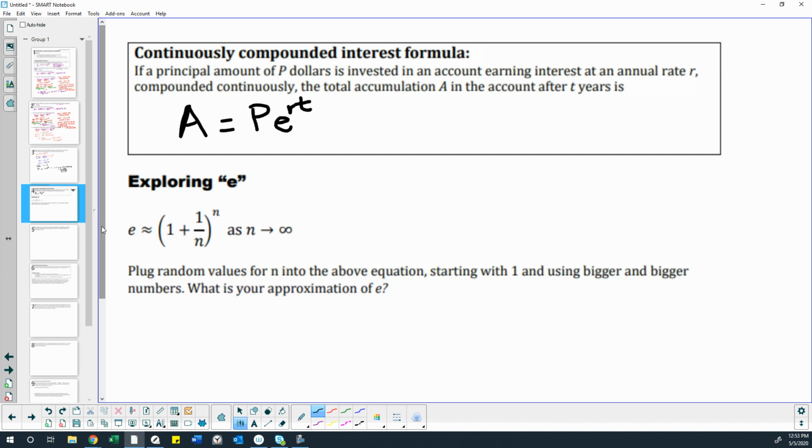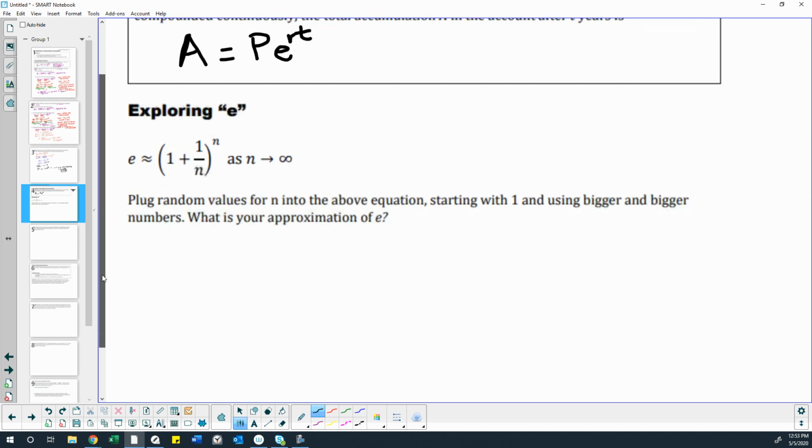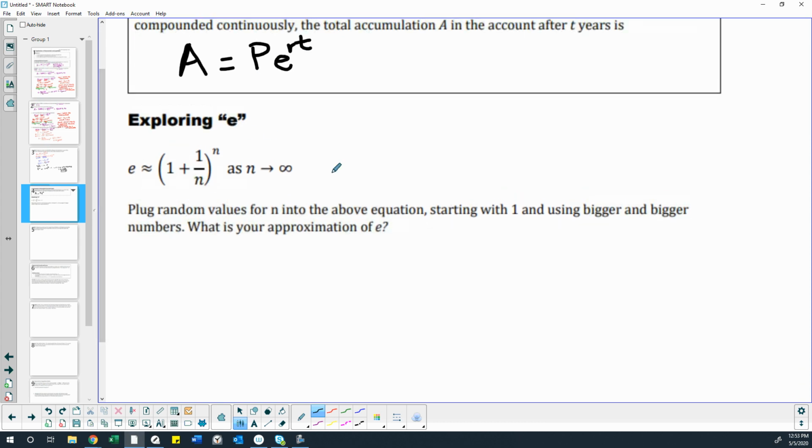So let's go ahead and explore e so we can kind of see what e turns into. If you want to, you can use your calculator to find e. Go ahead and find the e on your calculator, or search it up, Google it, whatever. And if I do that, my calculator tells me that e is 2.718281828.